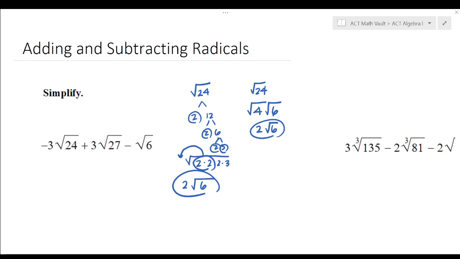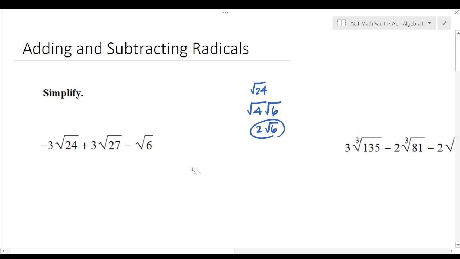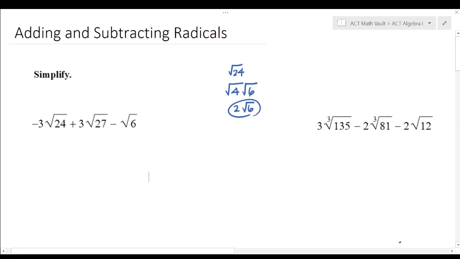Okay, so what I want to do is probably try not to do the long way. Okay, some people like that way. But let's try this second method of just taking out the largest perfect square.